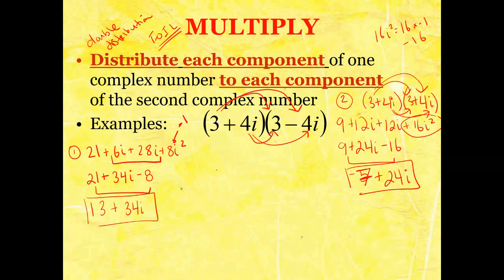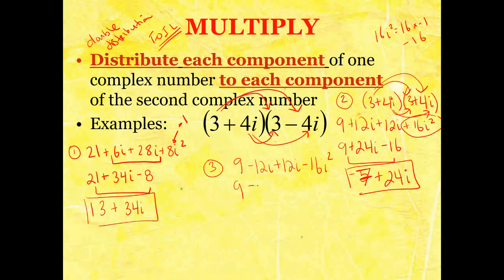What about this one right here? I think this is my last one of that. So double distribution again. 3 times 3 is 9. 3 times negative 4i is minus 12i. 4i times 3 is plus 12i. 4i times negative 4i is negative 16i squared.